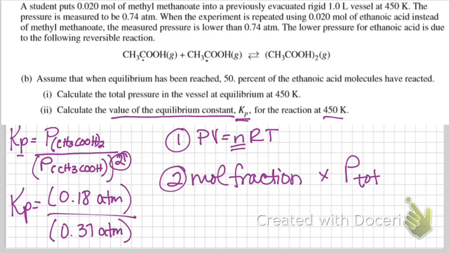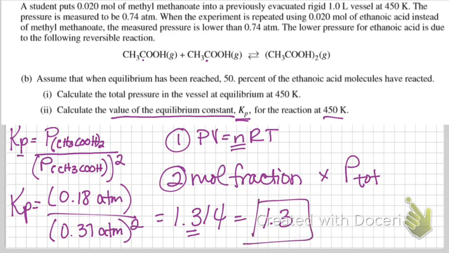And per the formula, we square it. Going to plug that in the calculator. And when I do that, I got 1.314. And to 2 sig figs, I will just round this to 1.3. There's no units on equilibrium constants. The key had 1.4 because, again, this value is different based on what they got for part 1, and that's just because of the method they used to solve. And again, if they can follow your work, no problem.